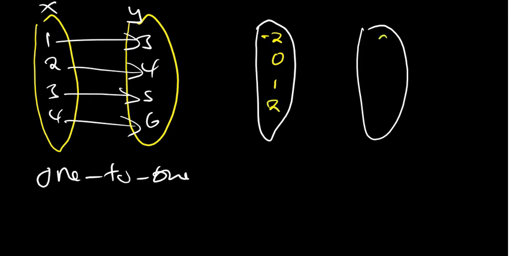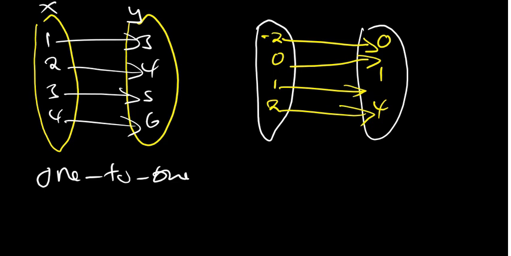Then let's have 0 here, let's have 1, let's have 4. Now let's say -2 is mapping to 4, 0 is mapping to 0, 1 is mapping to 1, and 2 is mapping to 4. So perhaps this is a function.